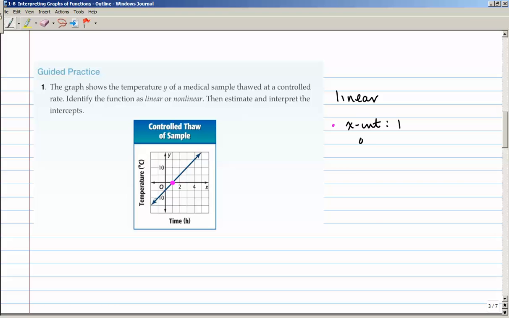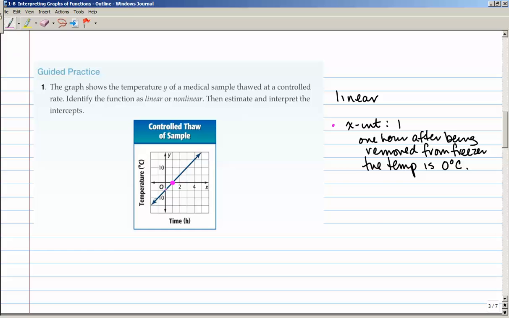So 1 hour after being removed from the freezer, the temperature is 0 degrees Celsius.